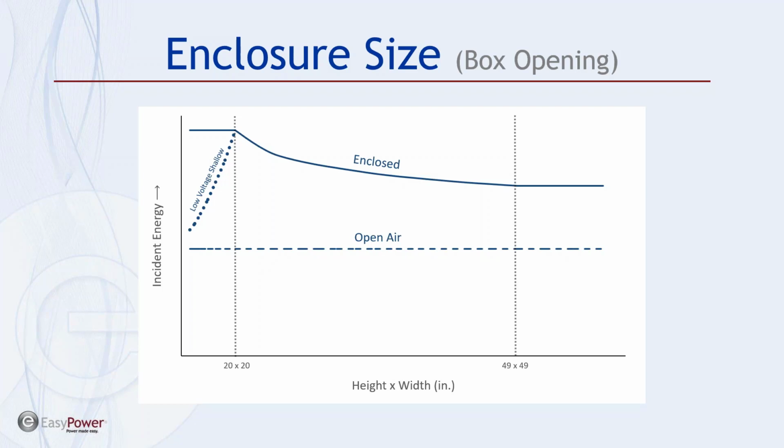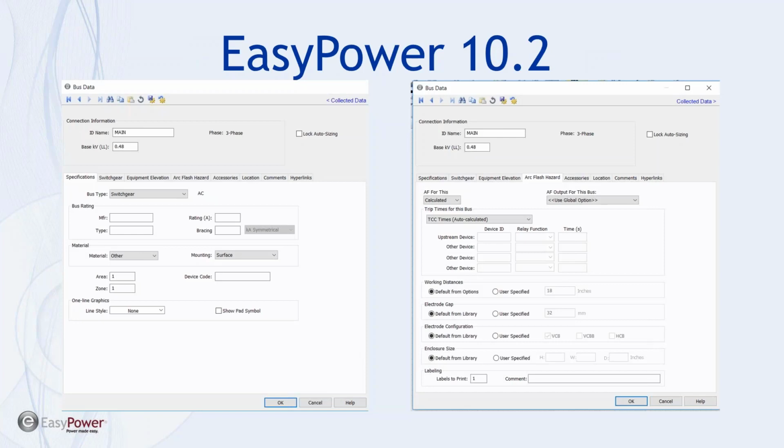It's still a multiplication factor over open air radiation, but it's not as dramatically changed. So below 20 by 20, we actually have what we define as a shallow enclosure, and surprisingly, that amplification factor goes down.